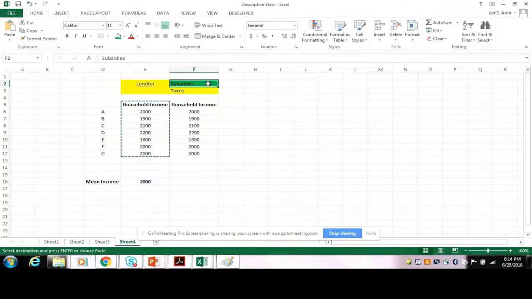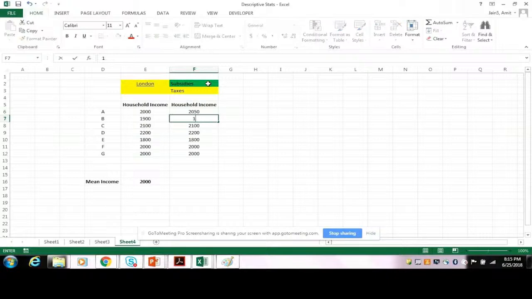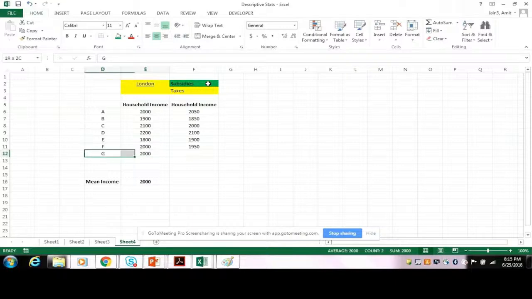So they collected data: it became 2050, 1850, 2000, 2100, 1900, and 1950, something like that. Something happened here in household G.